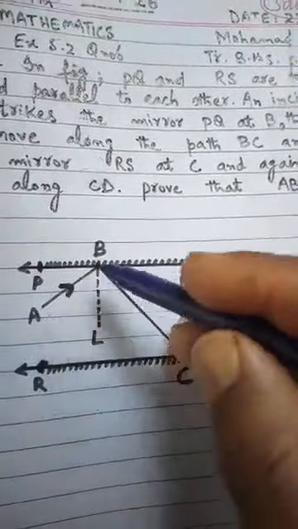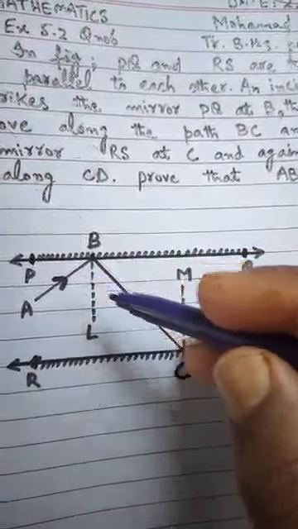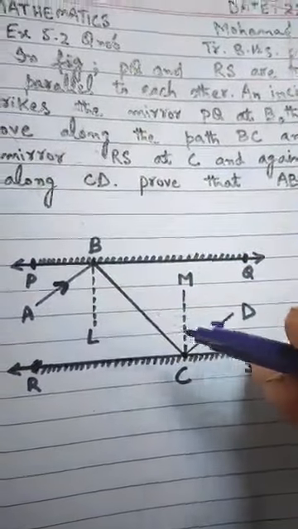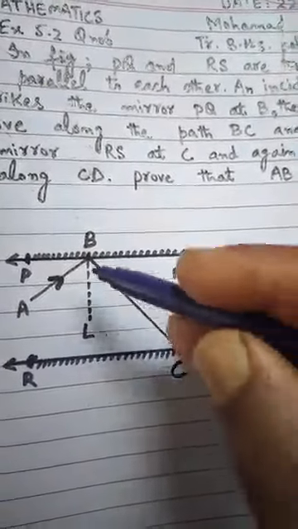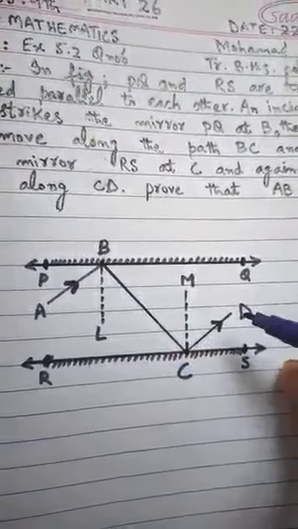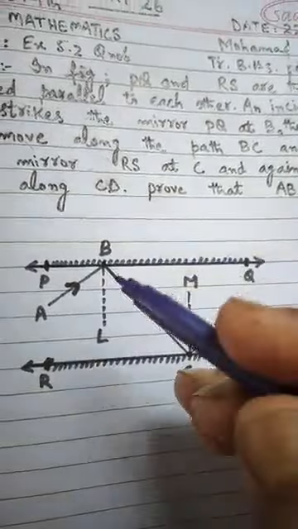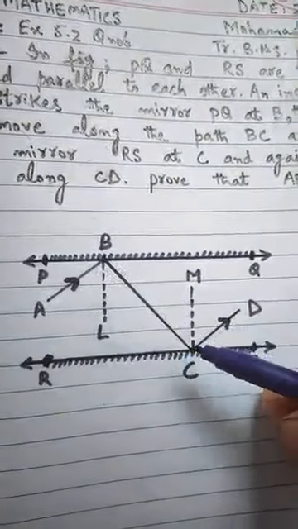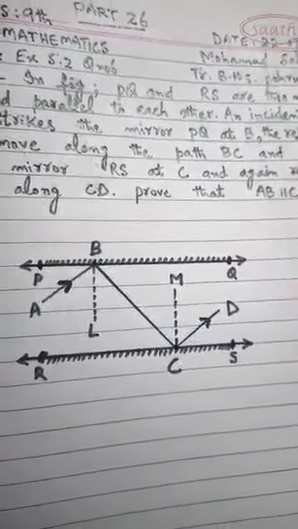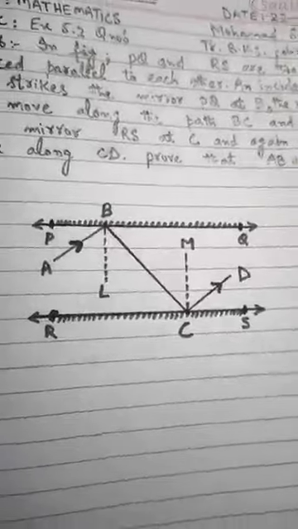So if angle ABC is equal to angle BCD, if these angles become equal, then definitely these are alternate interior angles, and when they are equal, then AB is parallel to CD. That means we should prove that angle ABC is equal to angle BCD. For this we need to give our justification. We need to prove it.